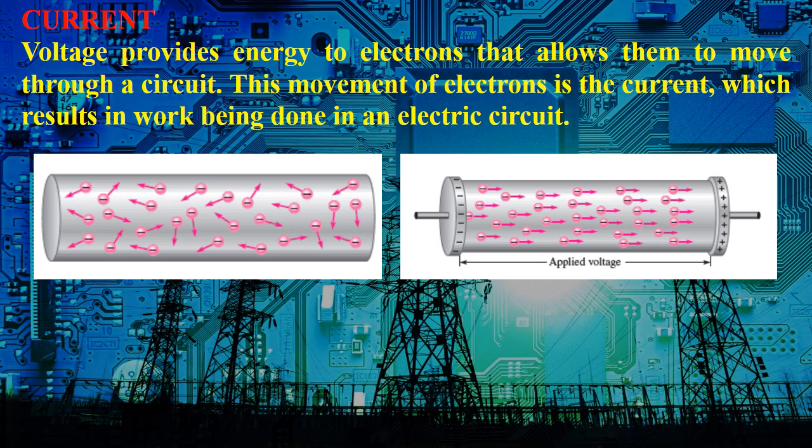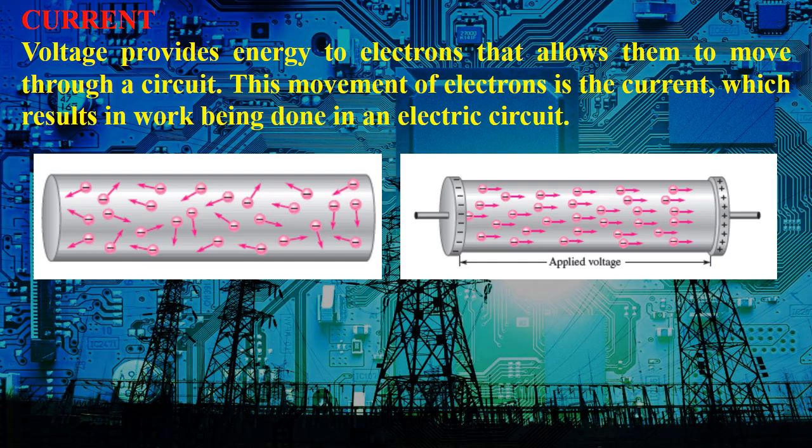Okay, now let's look at current. Voltage provides energy to electrons that allows them to move through a circuit. This movement of electrons is the current. When voltage pushes the electrons, when the electrons move in the conductor, then we have current, which results in work being done in an electric circuit.